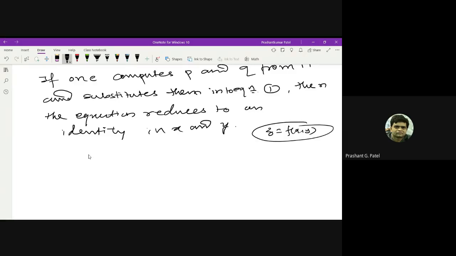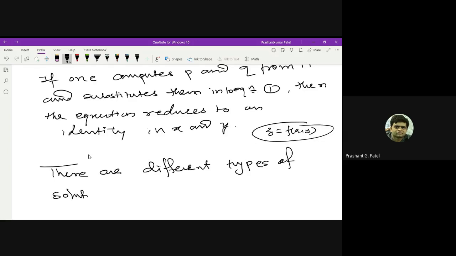So there are different types of solution, or I can say integral surfaces, for the first order PDE 1.